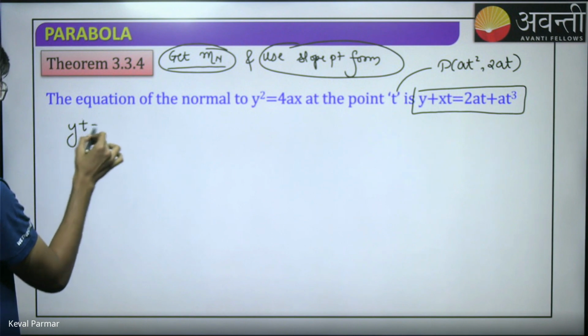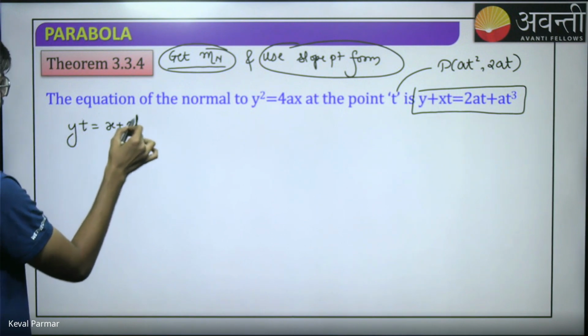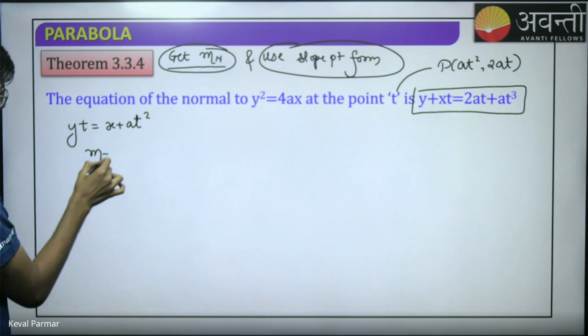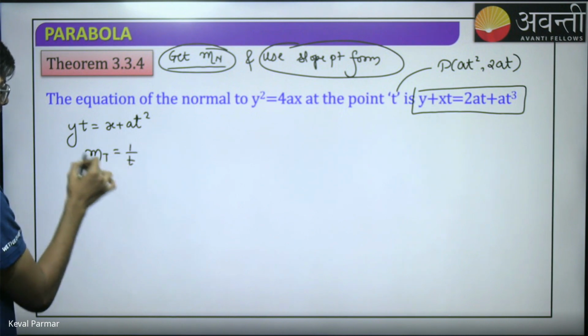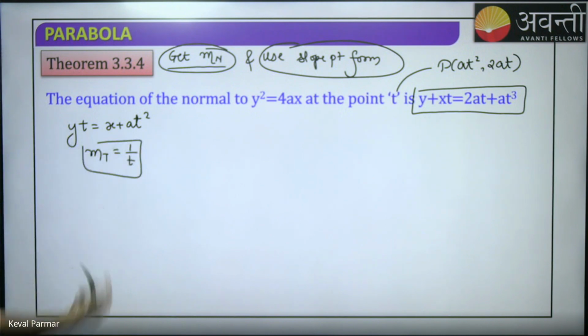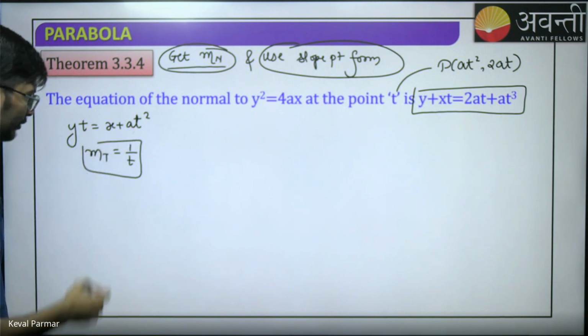So yt equals x plus at square. What is the slope of tangent? Y equal to mx plus c, right? If I divide by t, I'll get the slope of tangent, 1 by t.